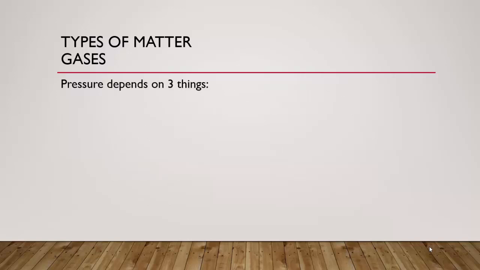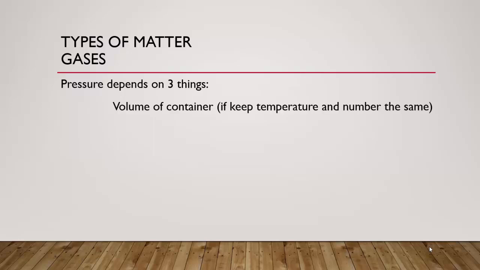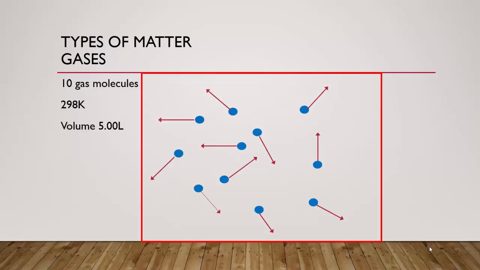Now pressure depends upon 3 things, and we'll bring in the kinetic molecular theory to explain these. The first is the volume of the container. This is provided to keep the temperature and the number of molecules the same. So here we have a container. It has 10 gas molecules. The temperature is 298 Kelvin, and the volume is 5 liters.